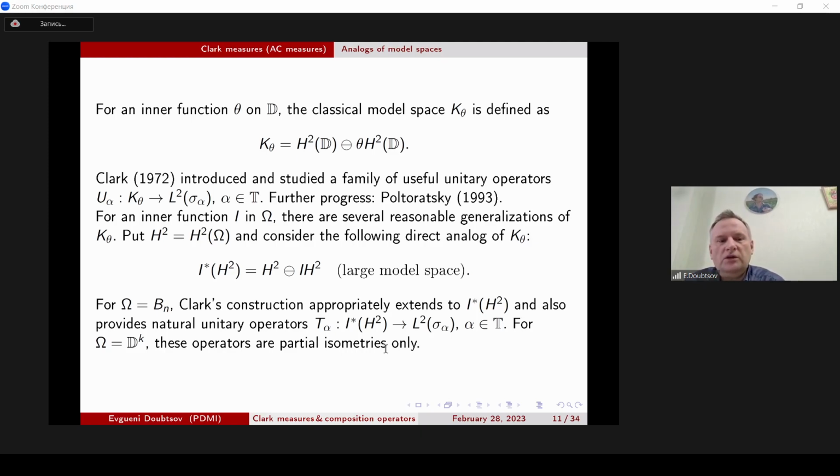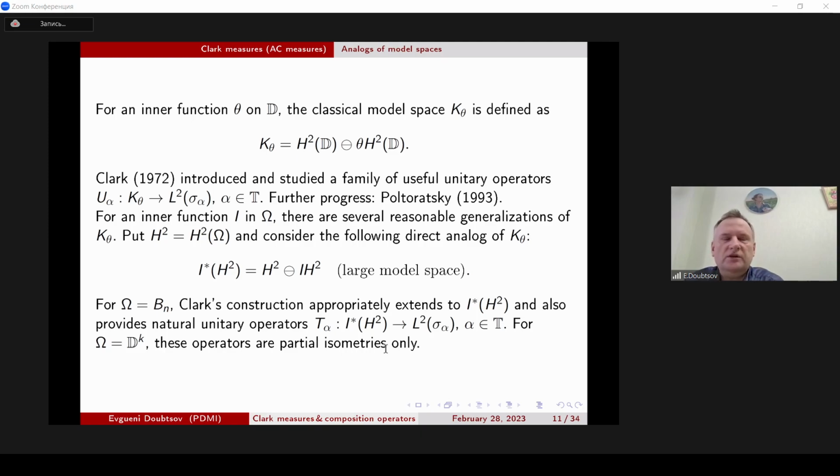And, well, just to also explain the differences and the difficulties here. So in the unit disk, there is no problem to give more or less explicit examples of inner functions, singular inner functions, Blaschke products, and so on. In the unit ball of dimension at least 2, this is not straightforward at all. All the examples are completely inexplicit.